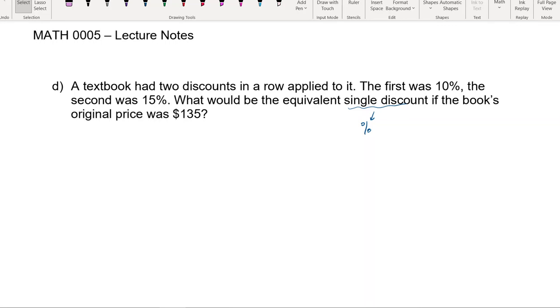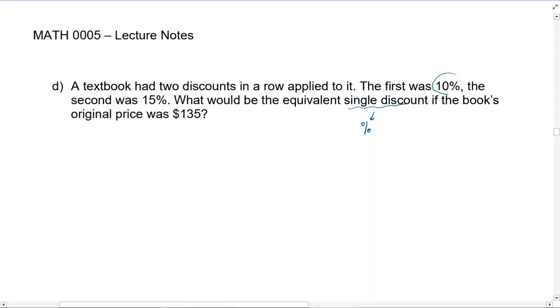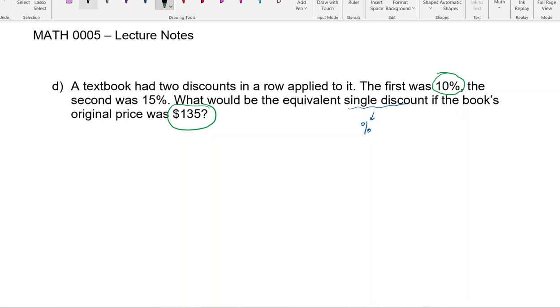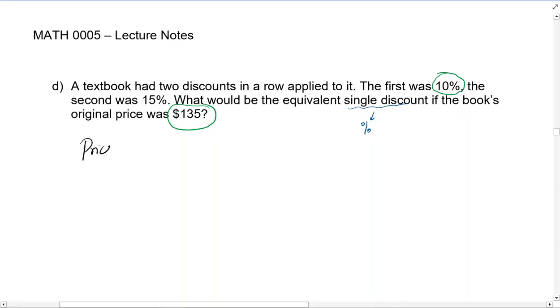Okay, so we're going to do one step at a time. Since the first discount is 10% and we are applying it on the original price of the book, which is 135, let's first see what the price is after the first discount.